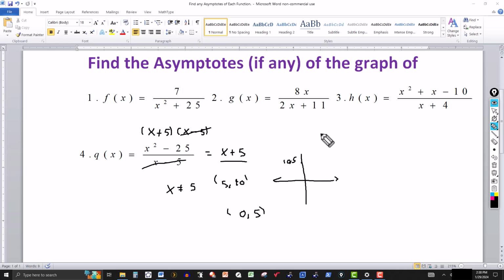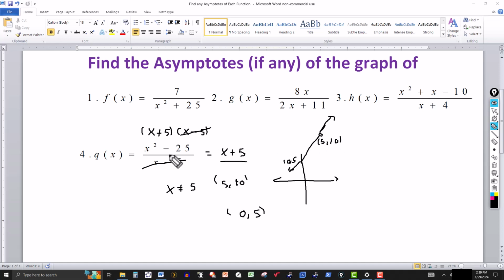So somewhere over here would be the point 5, 10. But remember, x cannot be 5. So the graph would pass to that point, and it'll skip. So it passes through 0, 5, and then it skips the point 5, 10. So actually the graph, this is really not a rational function the way it reduces, because all it is is a straight line with a deleted point. And that deleted point is the point 5, 10.